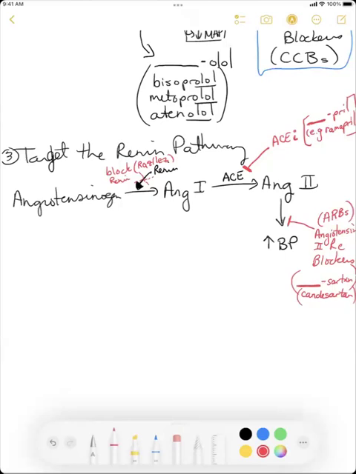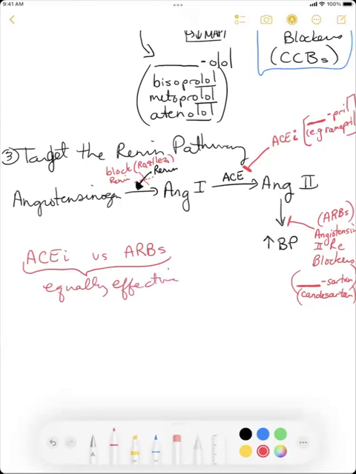And if we look at the effectiveness of ACE inhibitors versus ARBs, they are equally effective. So the decision to order one over another for somebody with high blood pressure is health professional dependent, whatever they're most comfortable with.